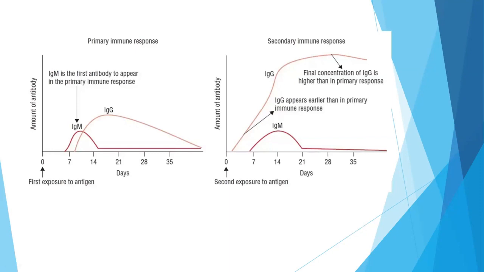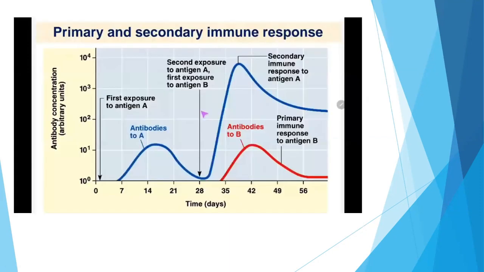Again, you can see here, first exposure to antigen A, there are IgM antibodies to A, and then there are IgG antibodies. Again, there are antibodies to antigen B, and the same function ensues.